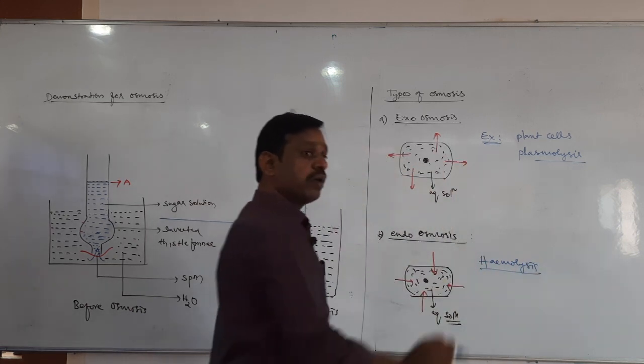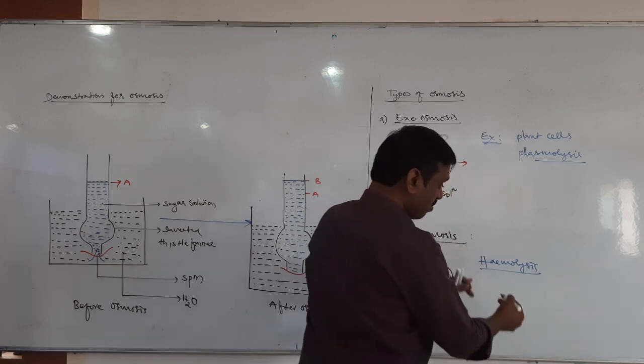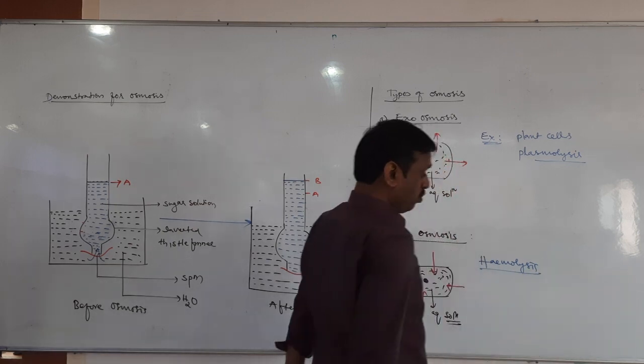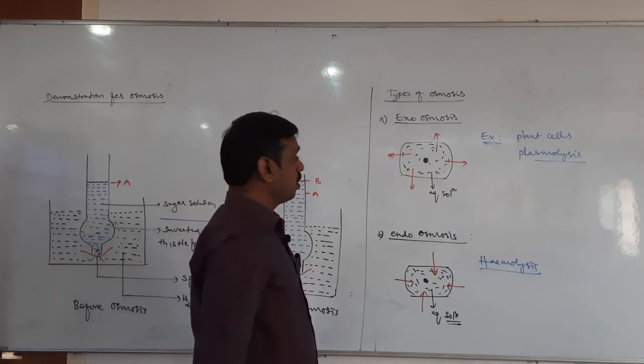So due to hemolysis, plant cells will swell. The size of the plant cell increases. Okay? So this is exo and endoosmosis.